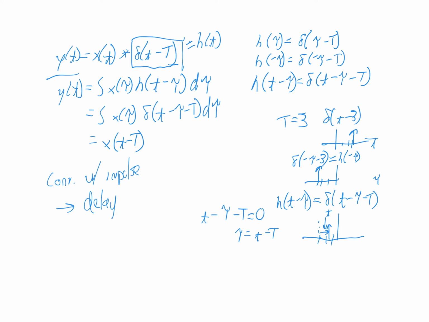We're going to prove one more property, and then we'll do some examples using these properties. Let's do the proof of the area property. So we have a convolution. And now what we want to do is figure out an expression for the area of the function y.